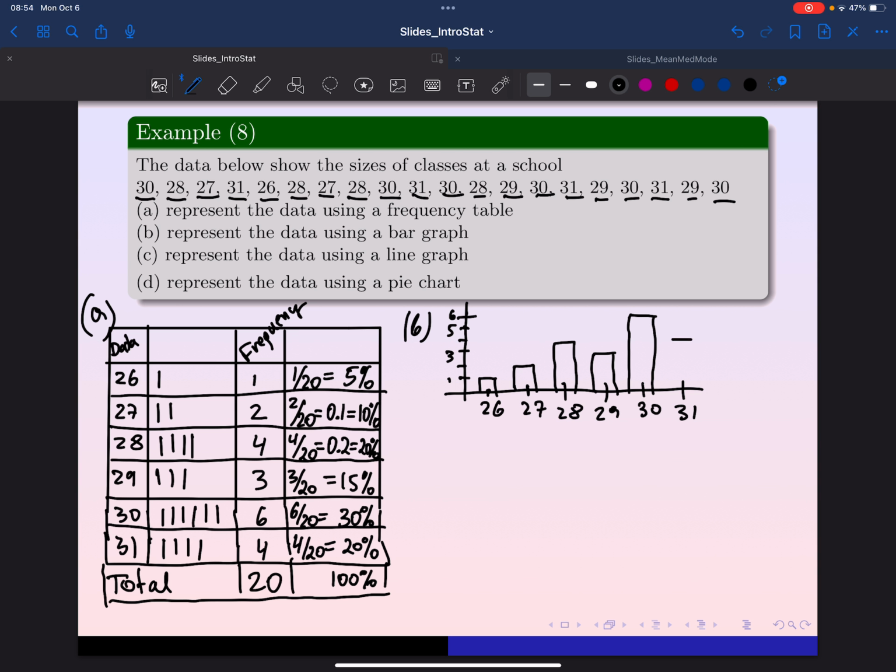So this is my bar graph. We can fill them in with color if we want, or just keep it as is, it's okay too. So this is called the bar graph. It represents the bars for each given data.